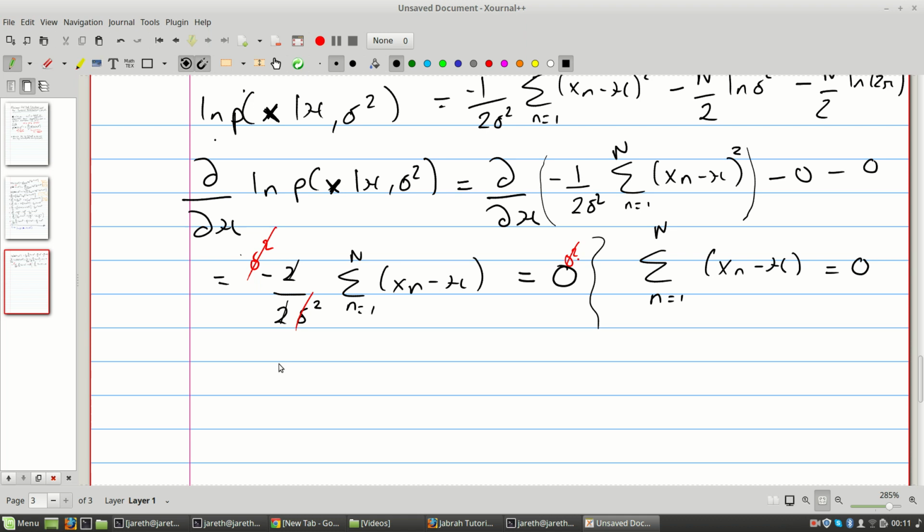So the next thing, there should be a minus here, sorry. So that means that the minus summation from n equals 1 up to N of xn, now we're separating this term, plus the summation from n equals 1 up to N of mu, which is just N times mu, right?